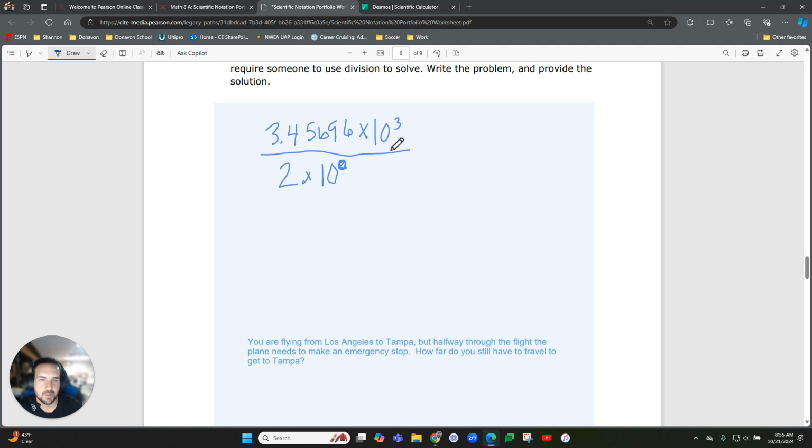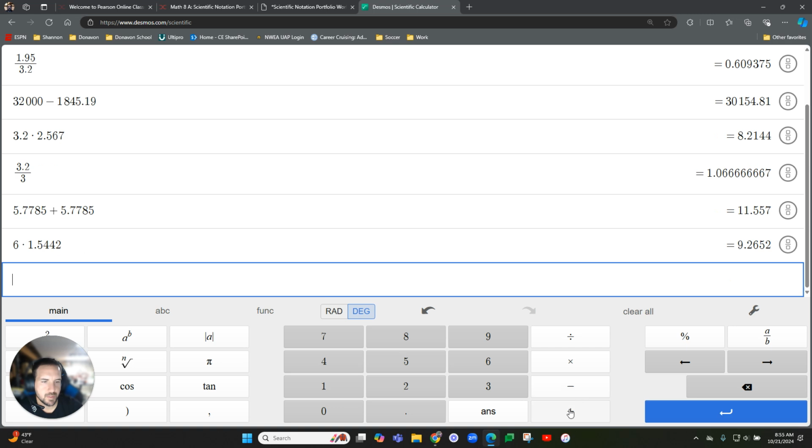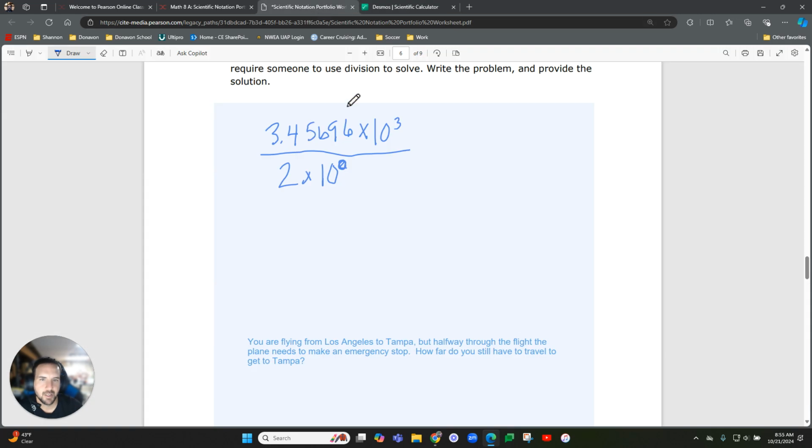Okay, so now I'm going to divide the coefficients. That's how you do dividing numbers in scientific notation. We're going to divide the coefficients, which was that crazy number again. Oh, 4.5696.